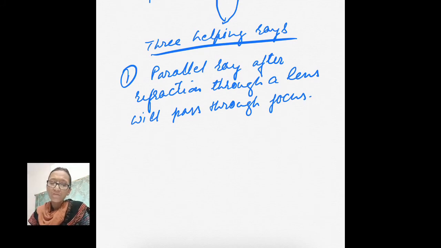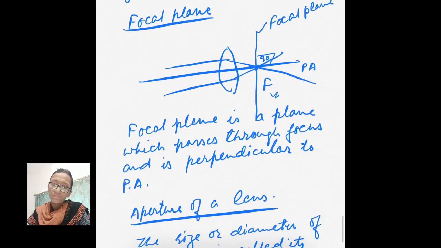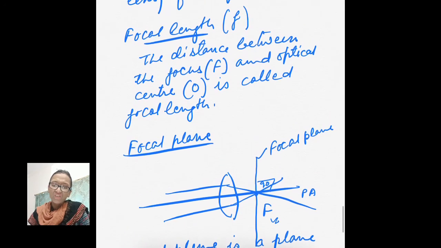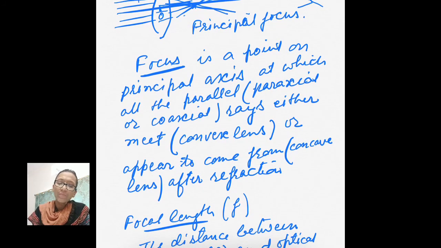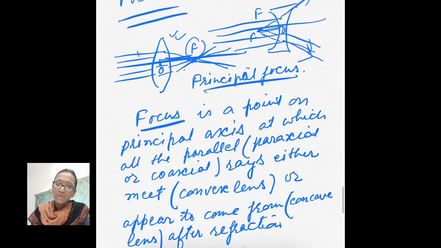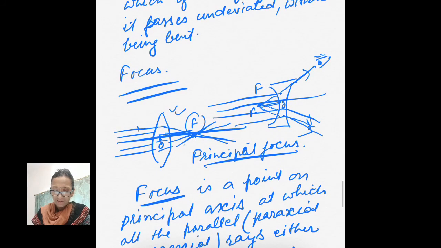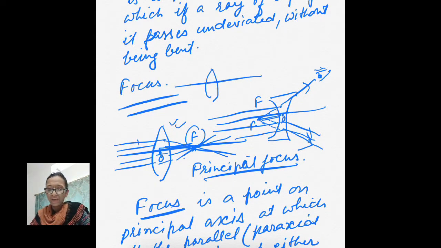Okay, one thing was left, let me explain again. Here we were doing focus. The parallel rays meet at a point. This focus is called principal focus. And this was left, so let me draw one more lens here.